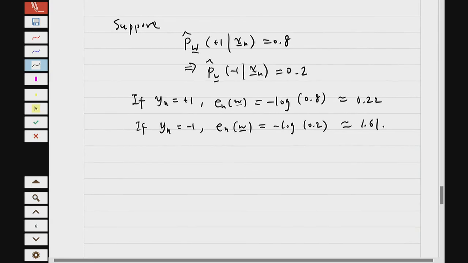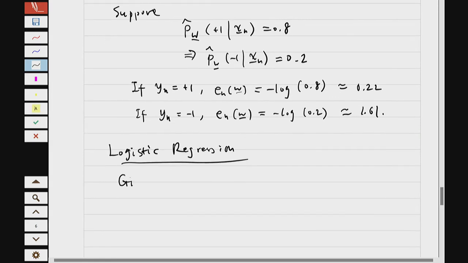So to summarize logistic regression, what we are trying to do is to collect all of these errors among your training data. Given your training data set, we want to find the W. In other words, you find the boundary line.